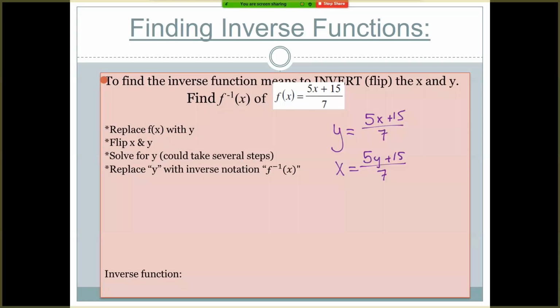Once we flip x and y, now we're going to solve for y. If I want to solve for y, the first thing I've got to get rid of is that nasty fraction. To get rid of it, I'm going to multiply both sides by 7. So 7 times x is 7x. The 7's on the right side cancel, leaving you with 5y plus 15. To get y by itself, I'm going to subtract 15 from both sides.